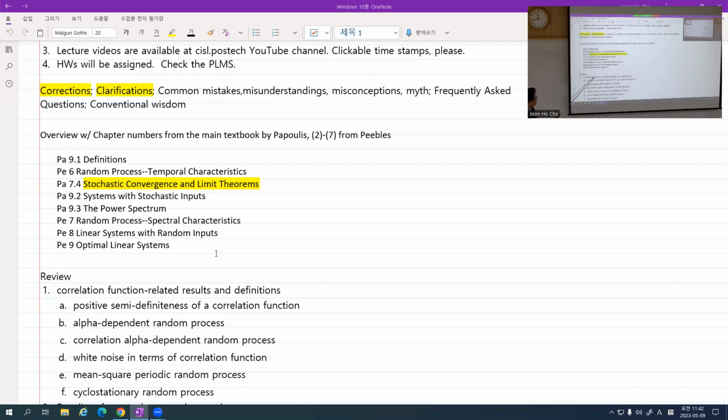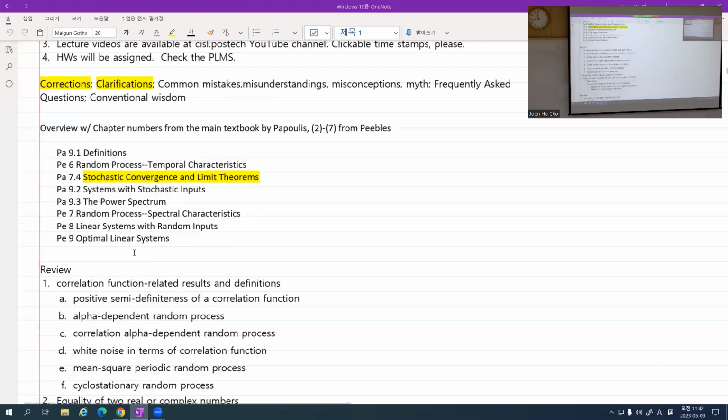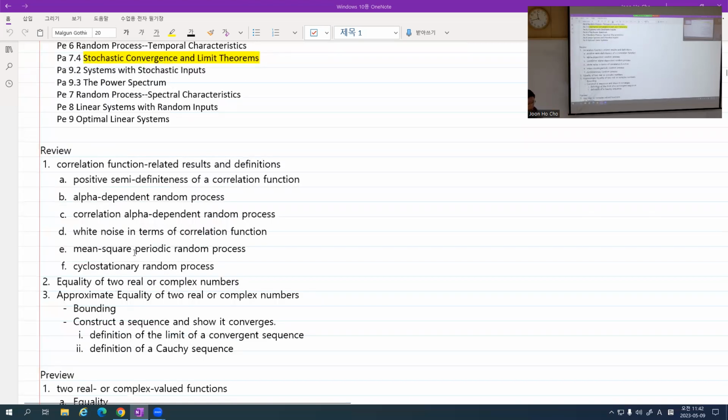Anyway, last time we covered some parts related to the correlation functions. First was the positive semi-definiteness of a correlation function.